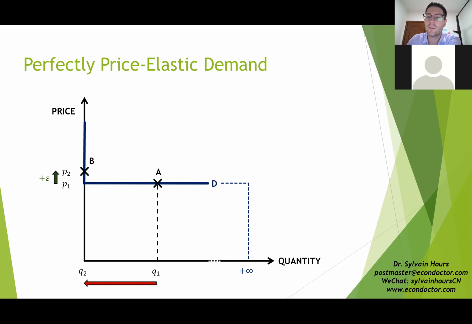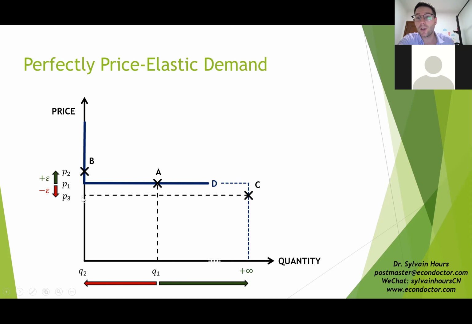So that's like an infinite decrease, or a 100% decrease in the quantity demanded. A very small increase in price, very big decrease in quantity demanded. And on the other hand, if I decrease the price just slightly, minus epsilon, so minus 1 cent, then the quantity demanded would move from Q1 to a very, very large, maybe infinite quantity.